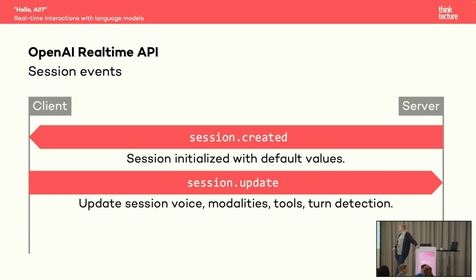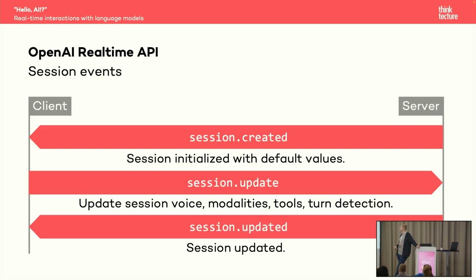You can turn off the turn detection also, if you want to. You can specify the voice and so on, all possible during session update. And once the session was updated, you will get an event back from the API that says it was successful, hopefully, if you set the correct values.